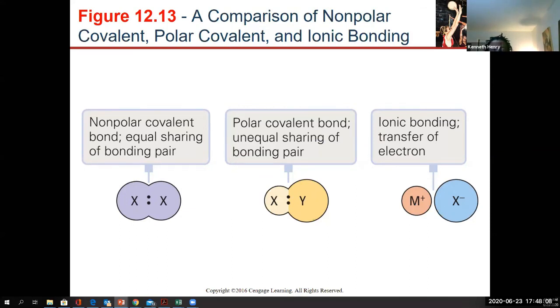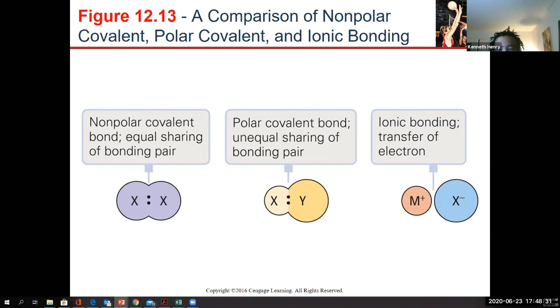Okay, so are you guys ready for electron affinity and electronegativity? Electronegativity is basically the ability of an atom to attract your bonding electron pair to itself.